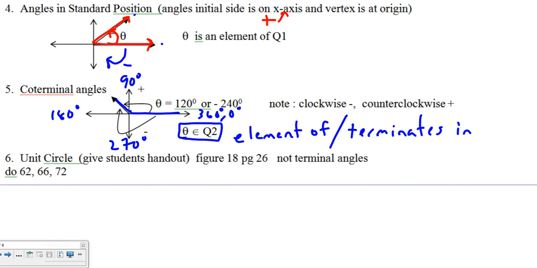I'd like to do a couple problems in the book, looking at questions number 66 and 72.